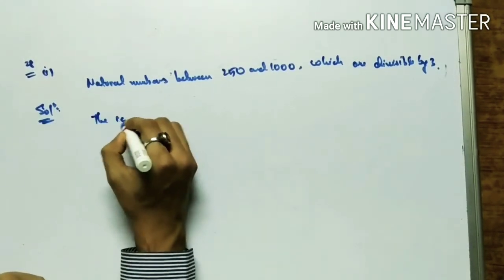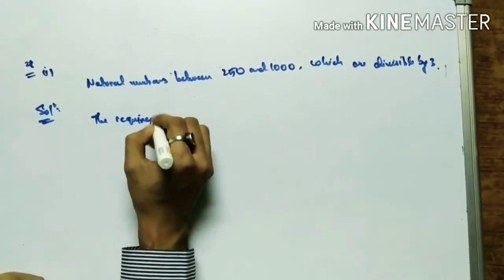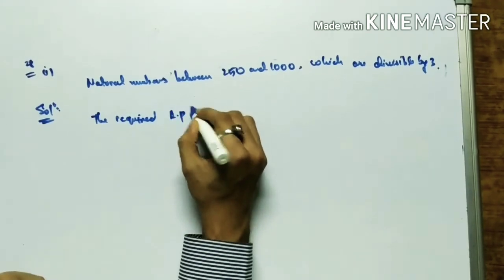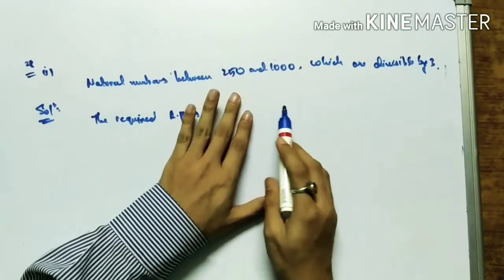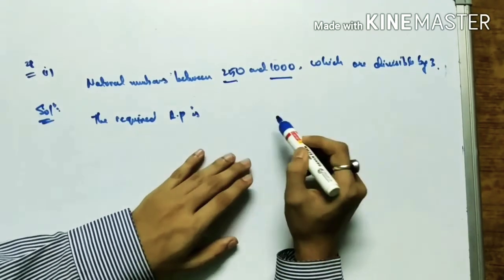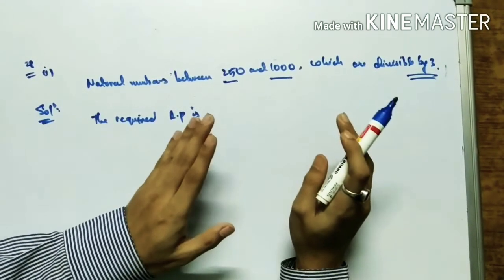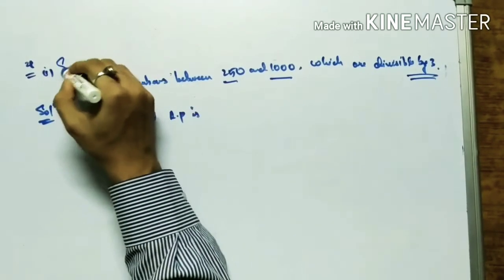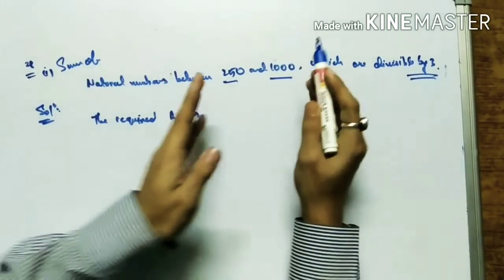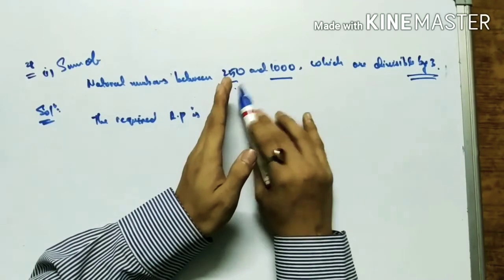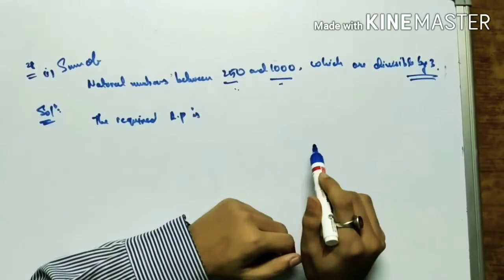So the required AP, first of all, the numbers should be between 250 and 1000 and they should be divisible by 3. I have to find the sum of all the natural numbers lying between this and this which are divisible by 3.